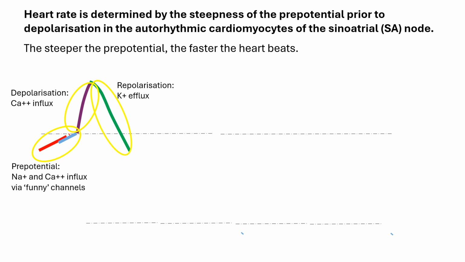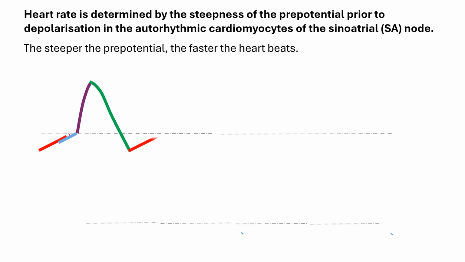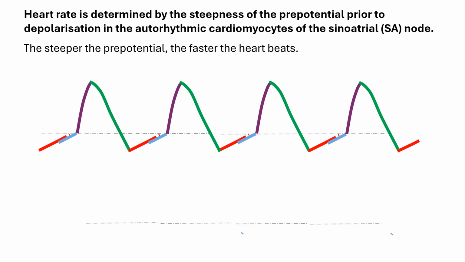So you can see there that's quite a long slope. And if we carry that on with more heartbeats, in other words, more depolarizations, we can see that the heart here is beating relatively slowly. Our peaks of depolarization are quite far apart.